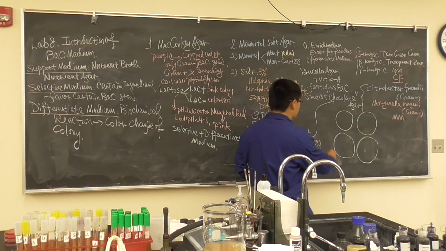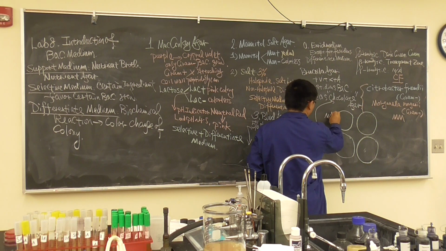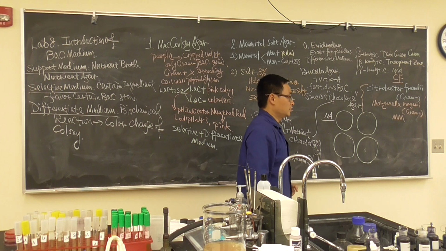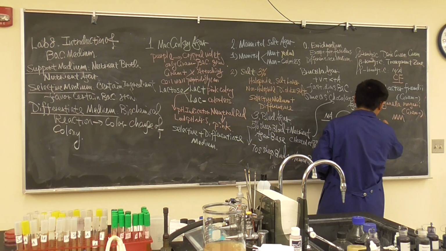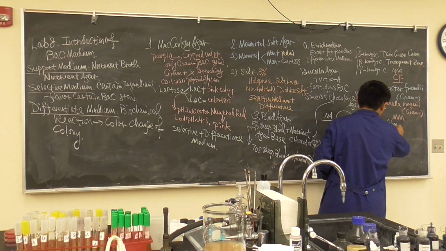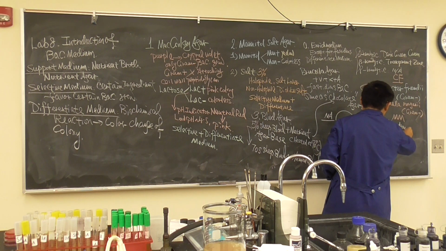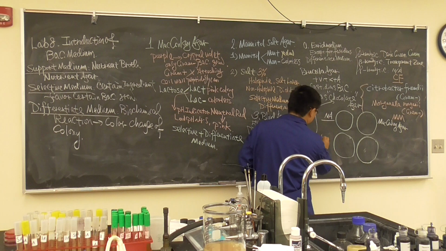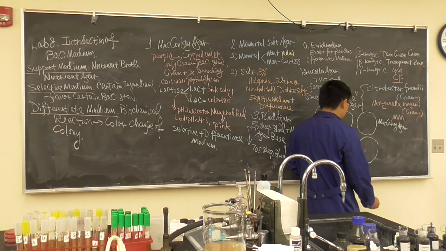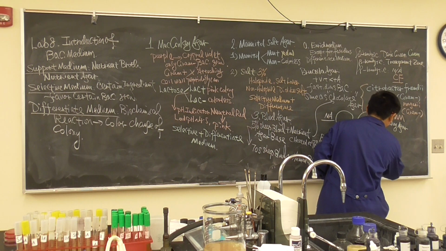The first agar is nutrient agar, I write NA. The second agar is MacConkey agar. The third agar is blood agar. And the last one is mannitol salt agar.